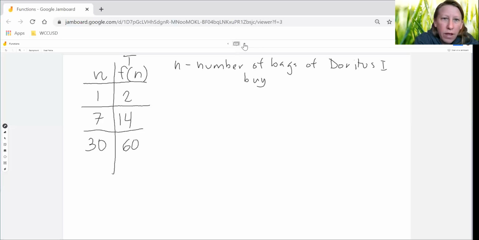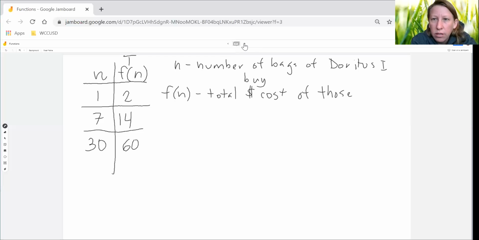And F of N is the total money or cost of those Doritos. I'm like a Dorito commercial today.